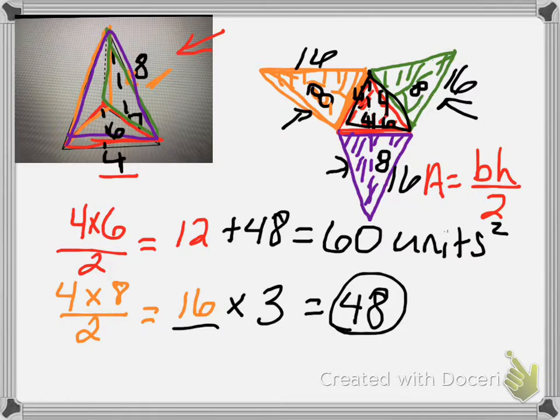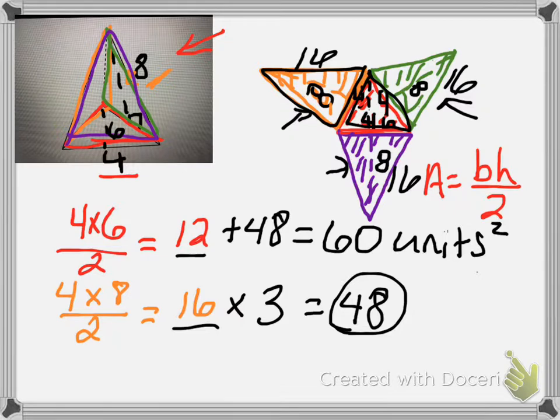So that's one thing that's nice about regular triangular pyramids: once you find the area of one of the face triangles, the rest are all the same. You can just multiply by 3 and then add the area that you found for the red triangle, the base triangle.